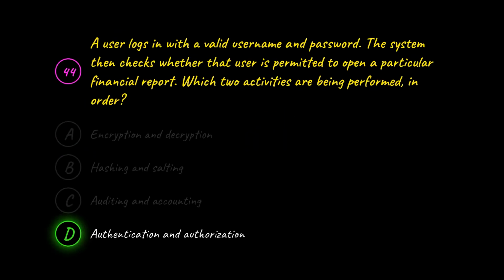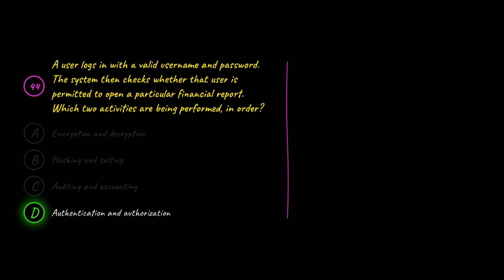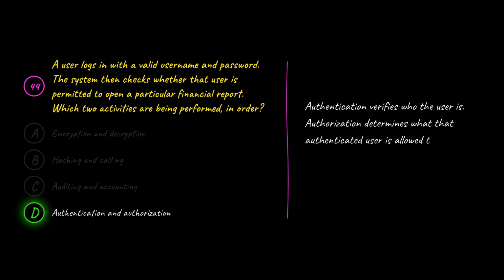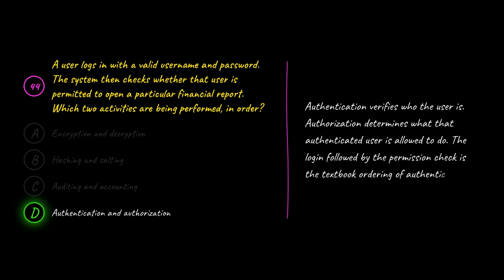The correct answer is D. Authentication and authorization. D is correct because authentication verifies who the user is. Authorization determines what that authenticated user is allowed to do. The login followed by the permission check is the textbook ordering of authentication and authorization.